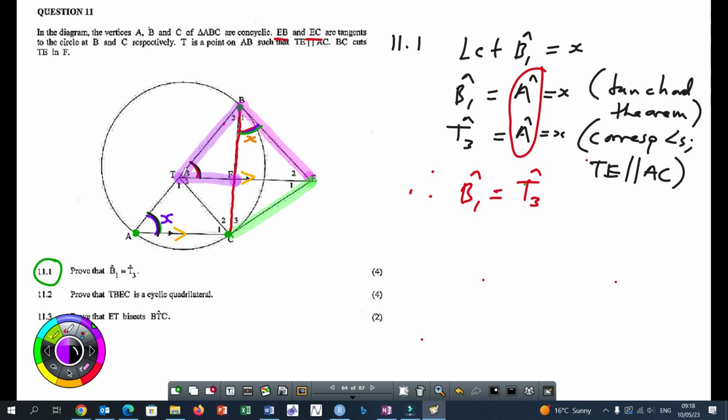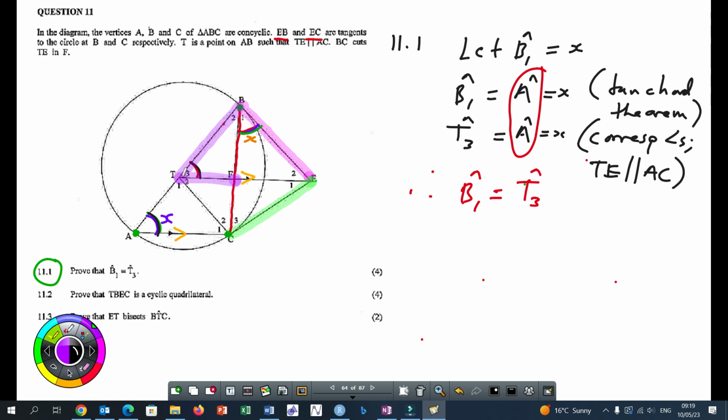generally, you don't have to go as far as solving the problem by construction. If you were to go as far as trying to prove that B1 is equal to T3, then you might have to prove that BT is a tangent to the circle which passes through B, T and F, which will be very complex to do.